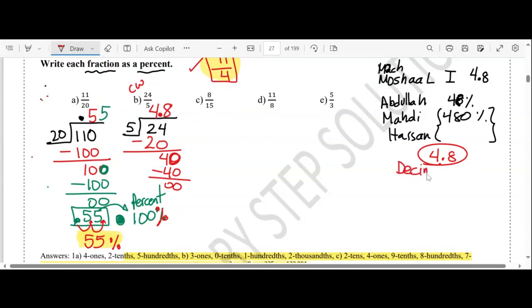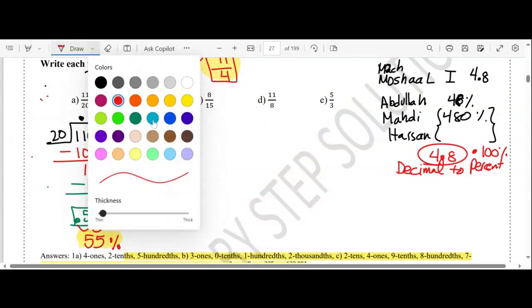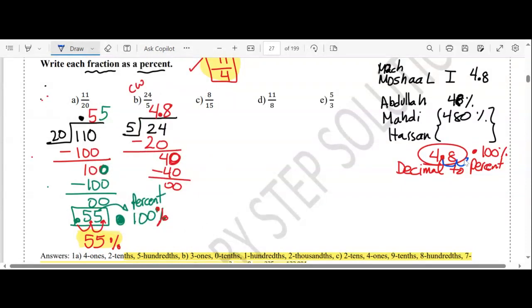That's in decimal, right? I need to convert this to a percent. What should I do? Multiply times 100%. How many places are you going to move? 2. So you're going to get 4, 8, and 0. And don't forget the percent sign. Is this clear?